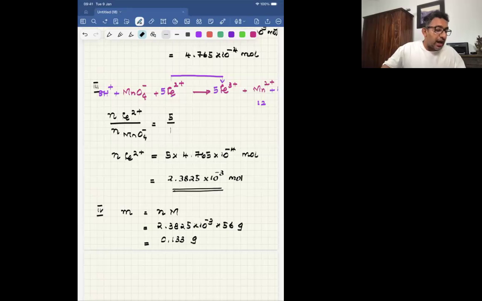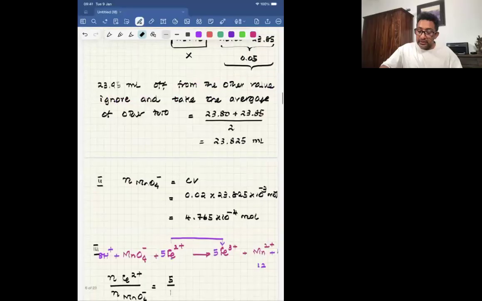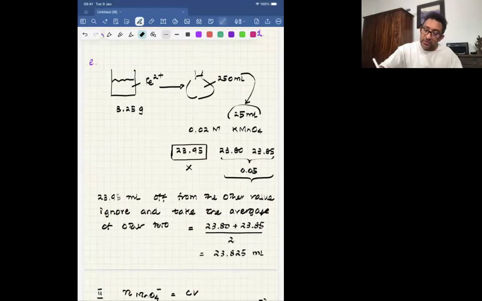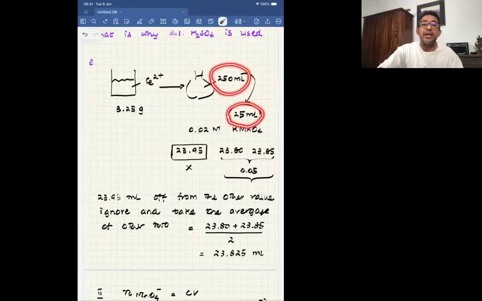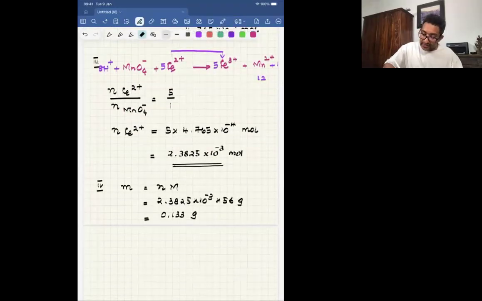Calculate the total mass of the iron in the sample of iron 2. You can see here the titration was done for 25 milliliters. Look at this one, 25 milliliters. But the actual sample is 250 milliliters. So 10 times the value. So the fifth one is the mass of iron in the sample: 1.33 grams. I took this sample multiplied by 10. Right.